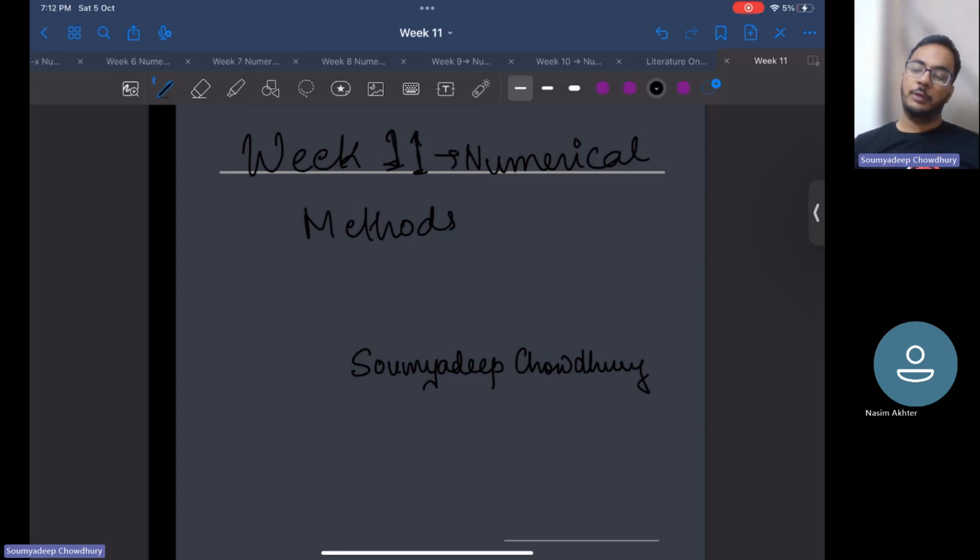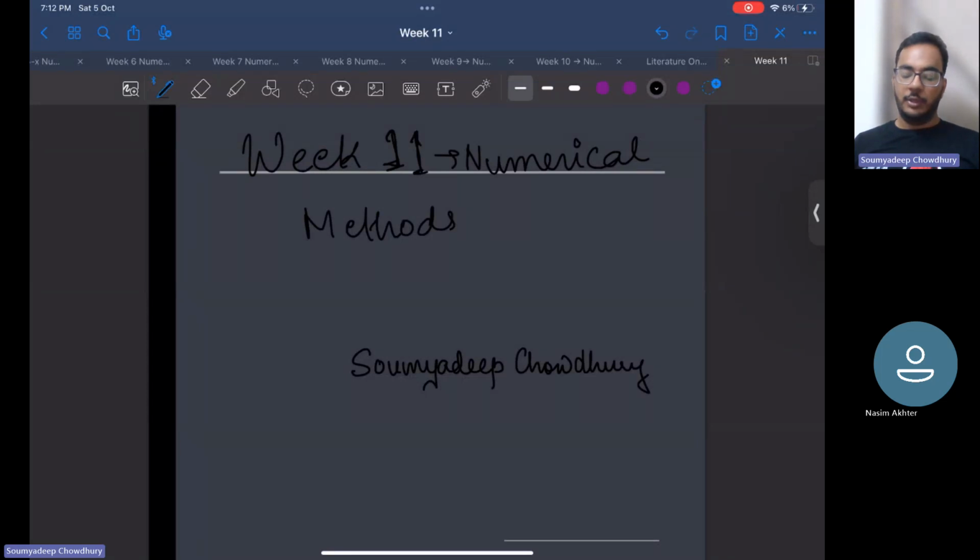First we will look into the error analysis in the Euler's method, the second order RK method, and the fourth order RK method. Then we'll be moving to stability analysis of the different numerical techniques, and what is the optimum choice for parameters like the step size, so that our numerical method is stable and there are no oscillating solutions.